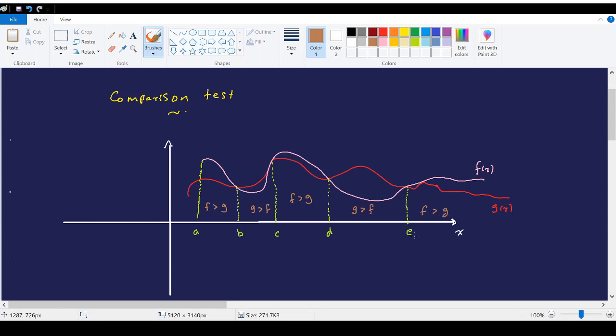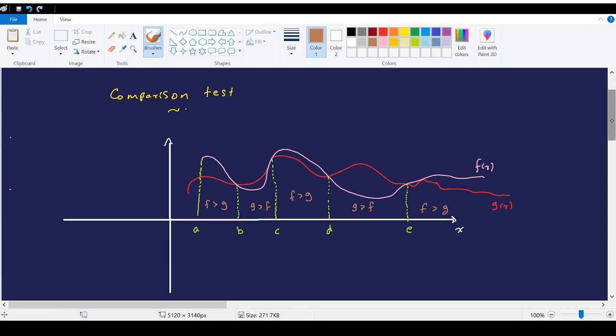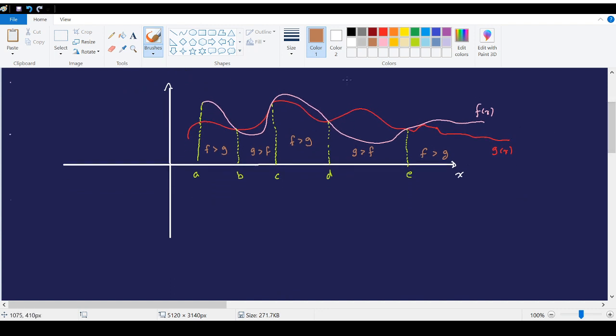So what will happen to the area? If we consider the area from A to B, that means within this region, which one is larger? If we consider the area within the same region of two functions, what is larger?